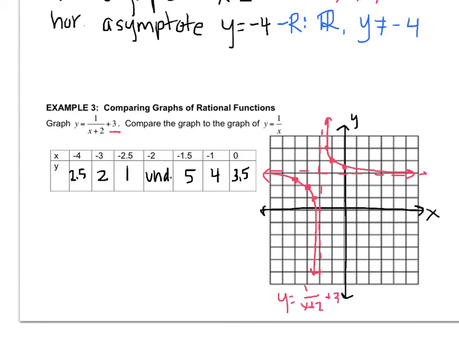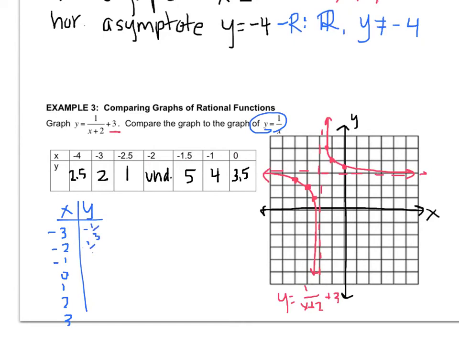We graph the function. Now we have to compare it to the graph of y equals 1 over x. So I'm going to make a quick little table for y equals 1 over x. So if x is -3, -2, -1, 0, 1, 2, 3, that gives me -1/3.